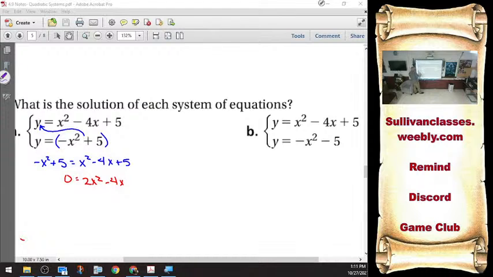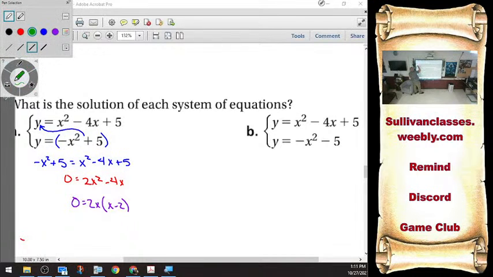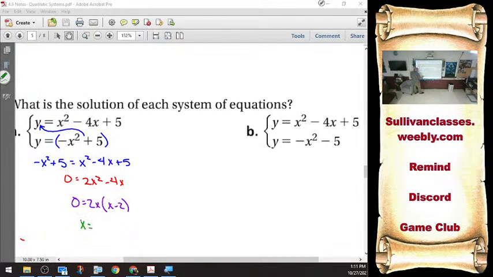I factor by GCF and solve. Getting x is, set this equal to 0, set that equal to 0. Plug both of those back into the originals.